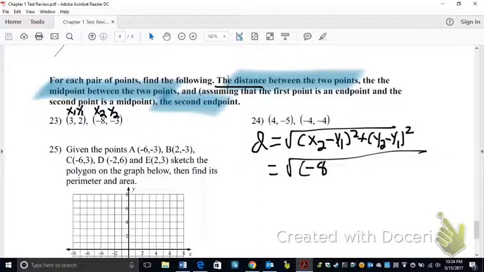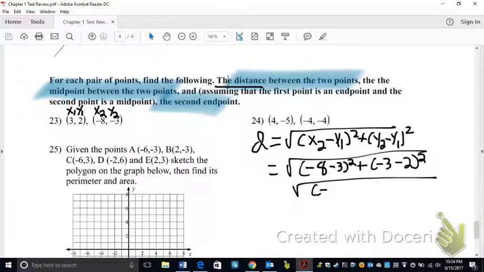So the distance is x2, negative 8, minus x1, 3, squared, plus y2, negative 3, minus y1, 2, squared. That's going to give me negative 8 minus 3 is negative 11 squared, plus negative 3 minus 2 is negative 5 squared.